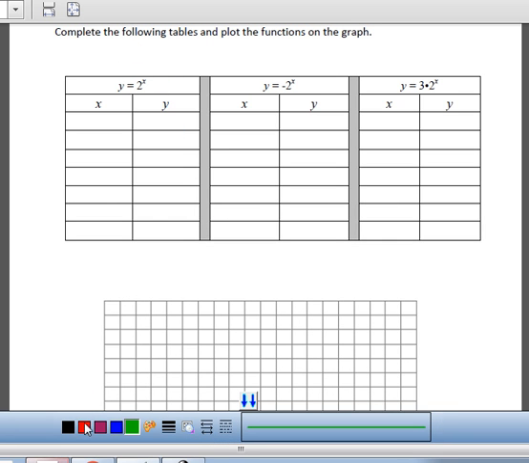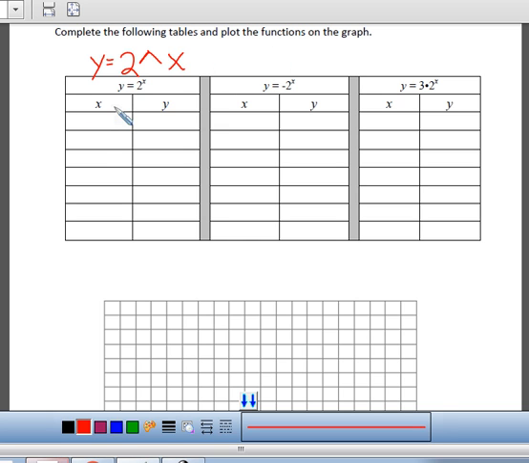You go to the y equals part of it, and you're going to type in 2, and then look for a little symbol that looks kind of like the top of a house. It's called the caret symbol, and then x. What that means is 2 raised to the x power.